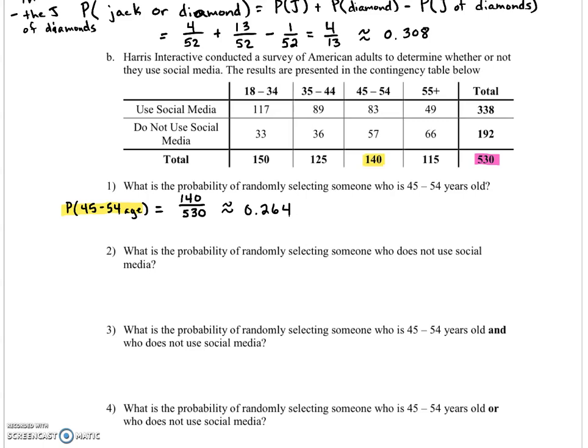Okay, what's the probability of randomly selecting someone who does not use social media? So does not use social media, that is these people.